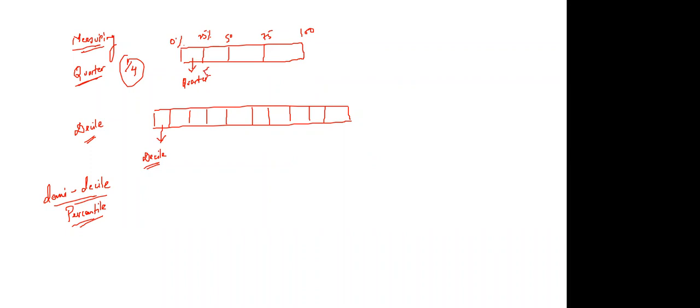So when I'm measuring the IQR, I'm measuring this range, data between 25% and 75%. जब मैं इसका डिस्पर्शन मेजर कर रहा हूँ, that's what I'm measuring using interquartile range, which is expressed by the formula Q3 minus Q1. Q3 आपका ये हो गया और Q1 आपका ये हो गया, right? ये Q1, Q2, Q3 and Q4.